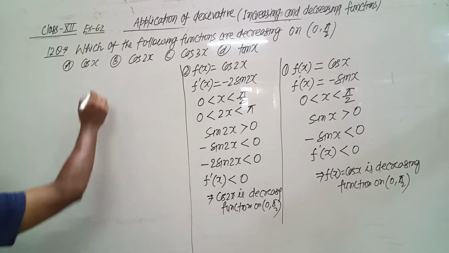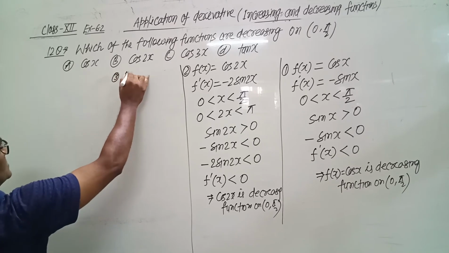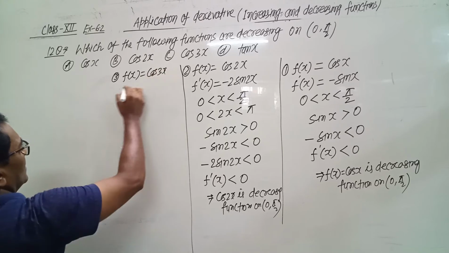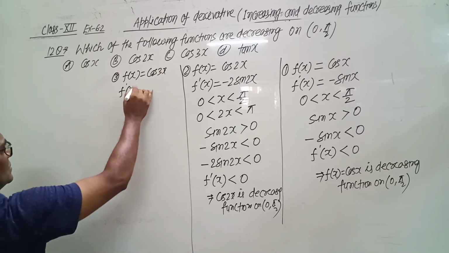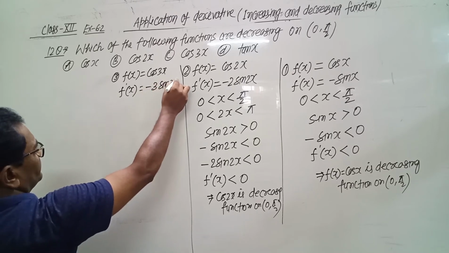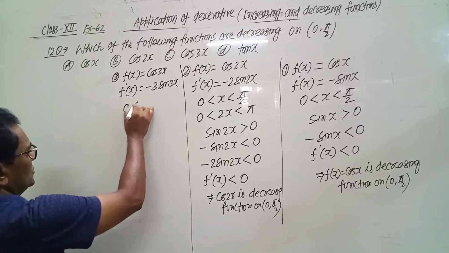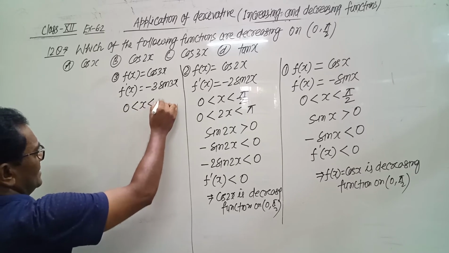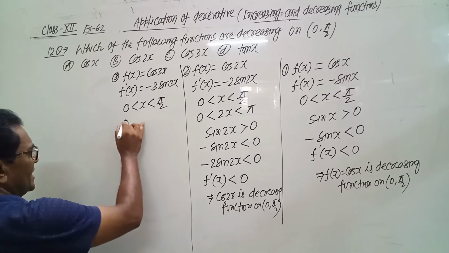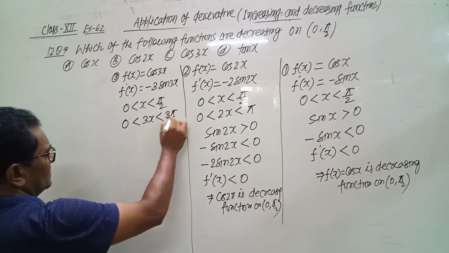See the third case, f(x) equals cos 3x. Find f dash x: this is minus 3 sin 3x. The interval given is 0 is less than x is less than pi by 2; multiplying by 3, we get 0 is less than 3x is less than 3 pi by 2.